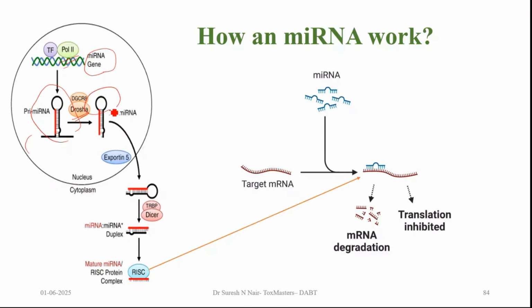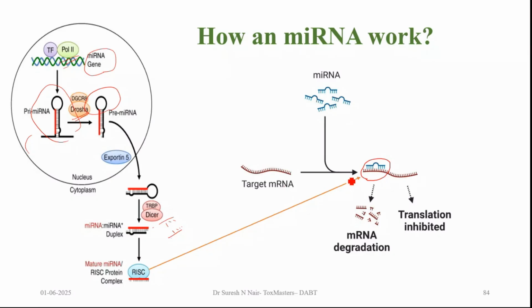That stem loop will be cut by the enzyme dicer. And this dicer again will separate the strands into two single-stranded ones. And the leading strand will combine with the RISC, the RNA-induced silencing complex, and this will get translocated to the target mRNA. So this mRNA and miRNA will combine together, and this will make the mRNA into a double-stranded structure.